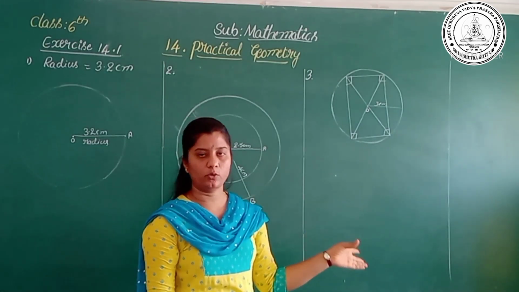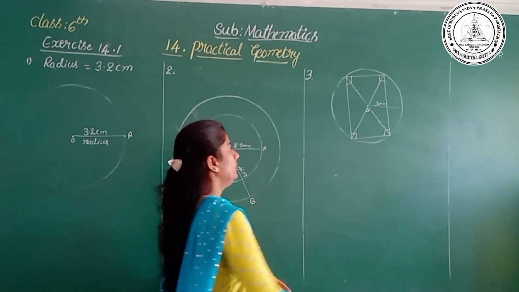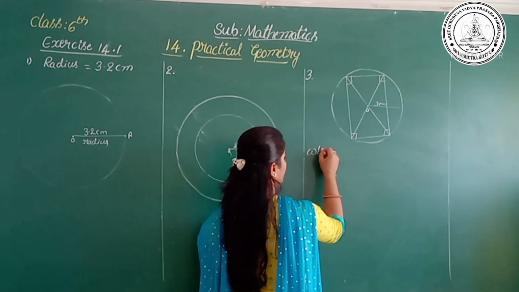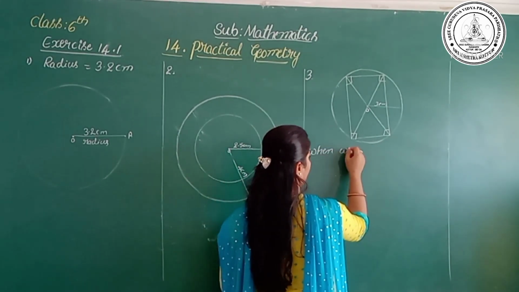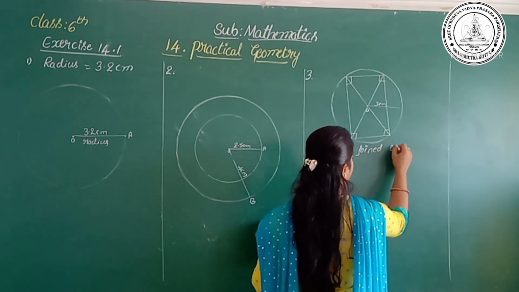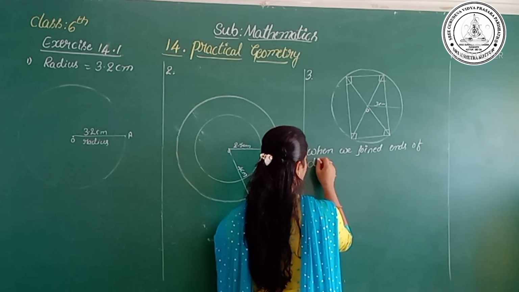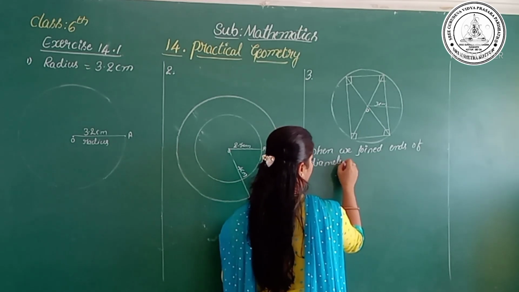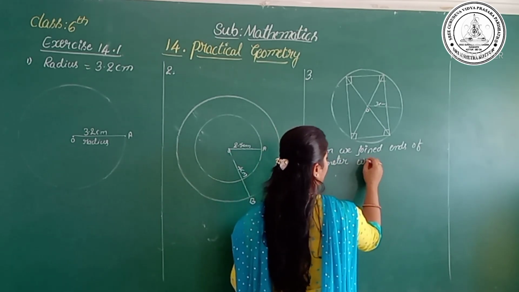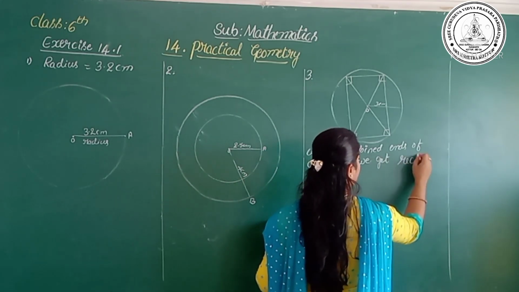Hence the figure obtained is a rectangle, right? So when we join the ends of the diameters, we get a rectangle shape.